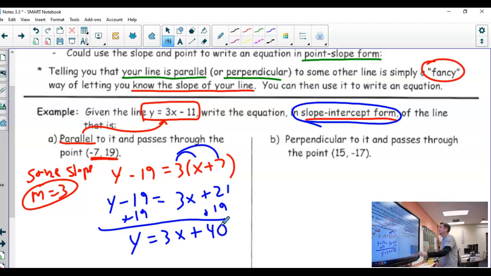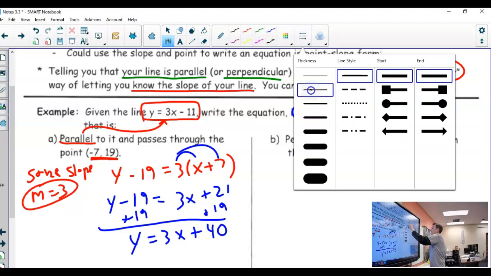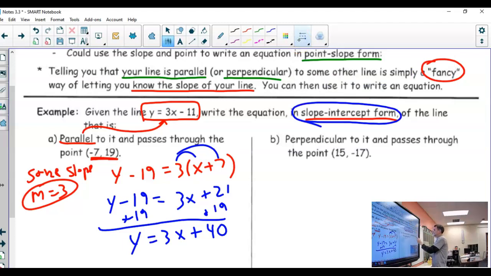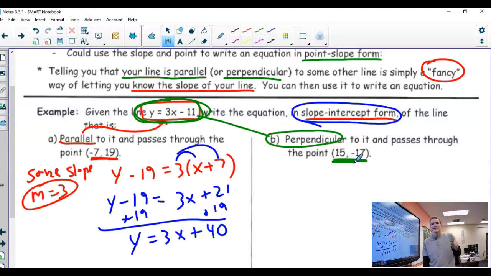What about perpendicular? All right. Perpendicular, okay, so I want to be perpendicular to this line now and go through this point. Well, again, telling you that your line is perpendicular to this line just means that you know the slope.